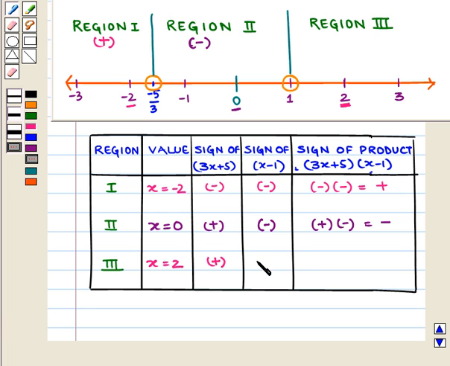Sign of x minus 1 is also positive. So, the sign of the product 3x plus 5 into x minus 1 is plus into plus, which is equal to plus. So we write a positive sign for this region on the number line.